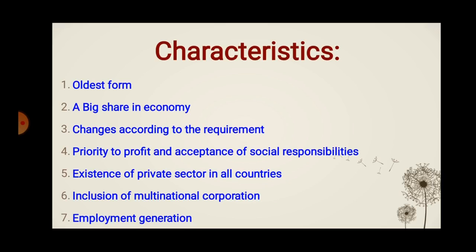Private sector is the oldest form, and it has a big share in economy because government will have limited area, will have limited people, but the people of the country, by their own efforts, as they are more than government employees, can make more money and give more contribution to the economy.